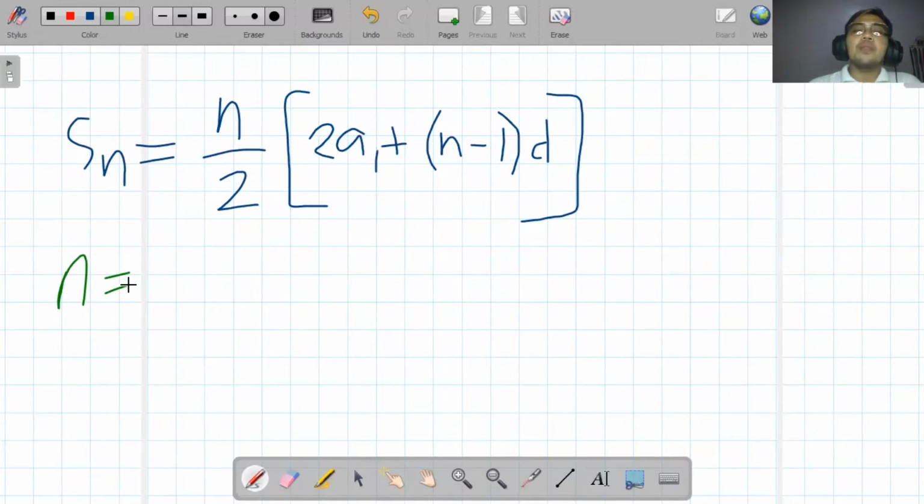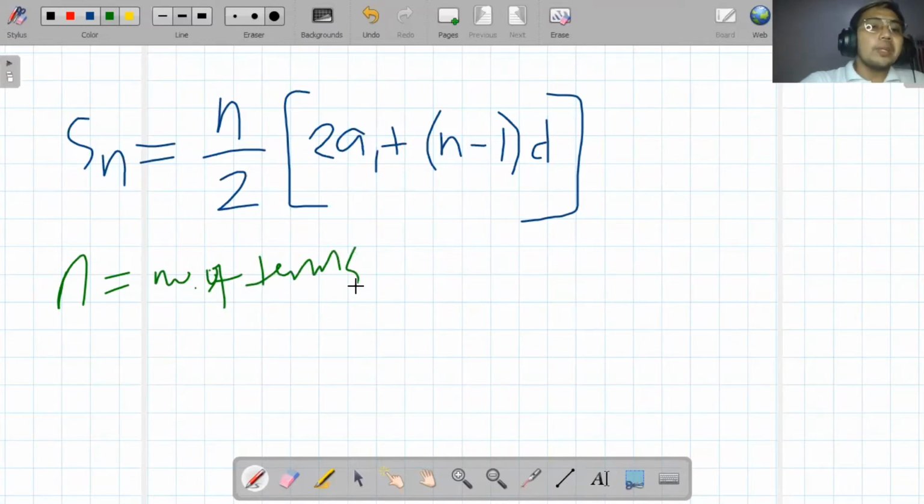Shall we say, you have to find the sum of 100 terms or 50 terms. That means ang n nga imong i-substitute diha is katong 50 or katong 100, kung pila kabuok ang gipa-add sa inyo. So kinahanglan ang n, or the number of terms.